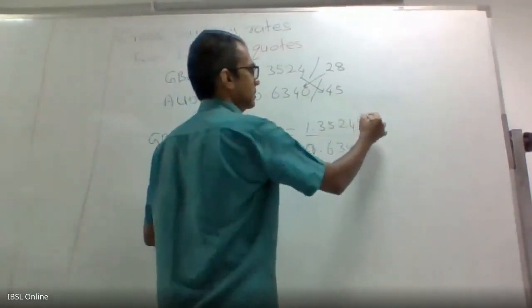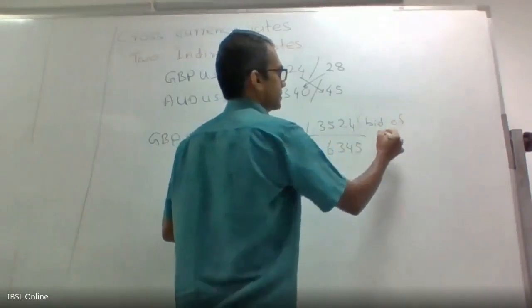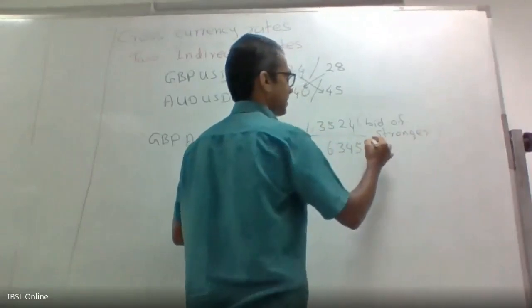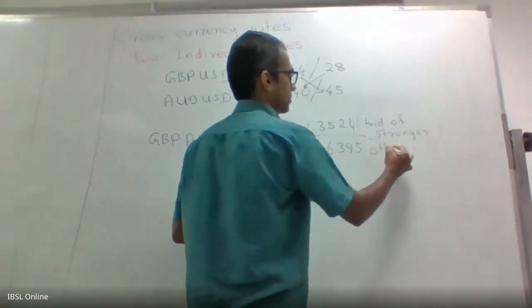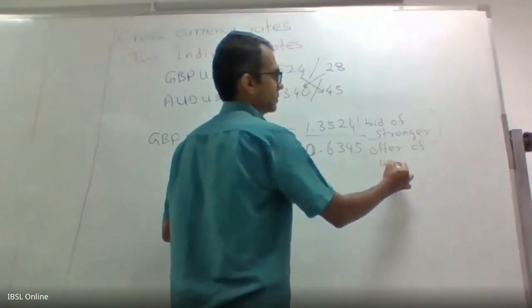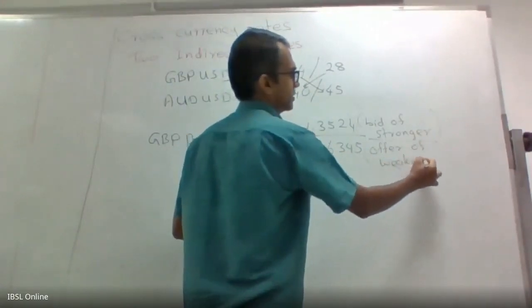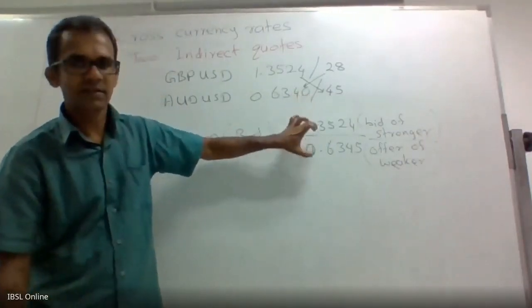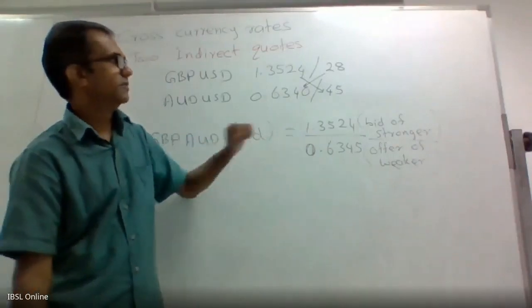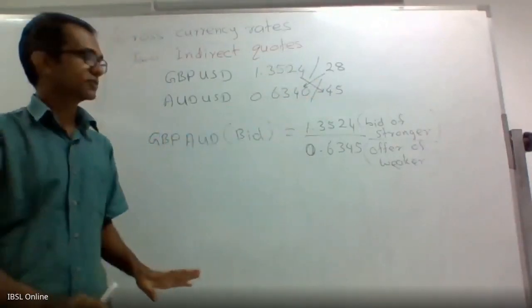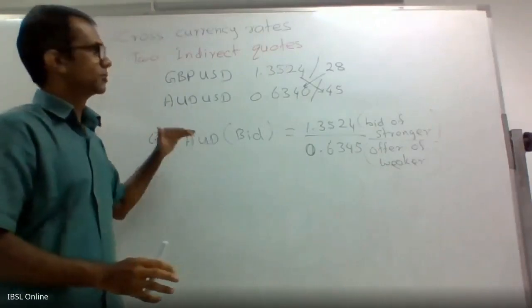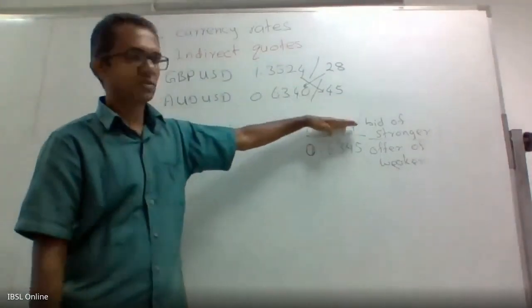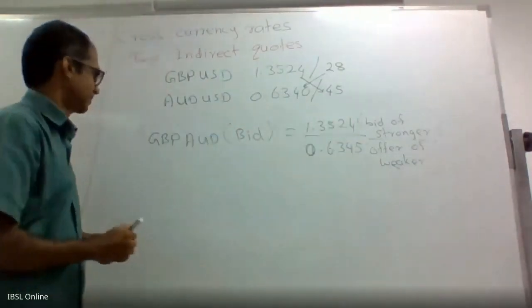This is bid of stronger currency divided by the offer of the weaker currency. Bid of the stronger currency divided by the offer of the weaker currency. Cross division. Still cross division, and the rule we learned earlier when we have two indirect quotes. Stronger currency rate divided by the weaker currency.